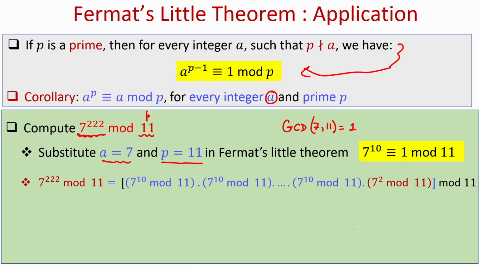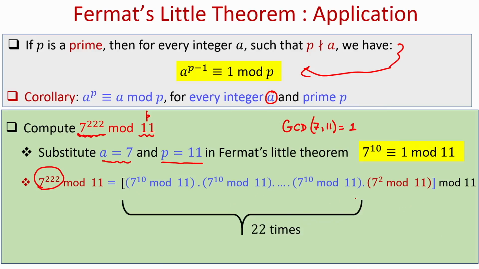Now, I can rewrite 7 to the power 222 as follows. I can treat it as 7 power 10 modulo 11 multiplied by 7 power 10 modulo 11 multiplied by 7 power 10 modulo 11, and then finally 7 square modulo 11, and then everything modulo 11.